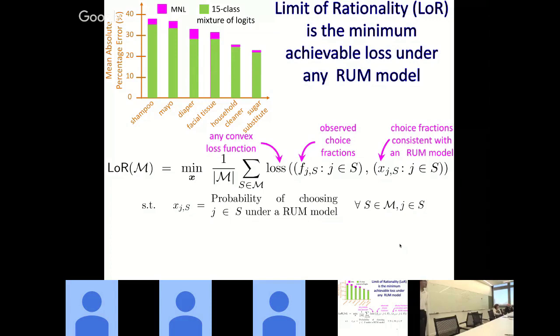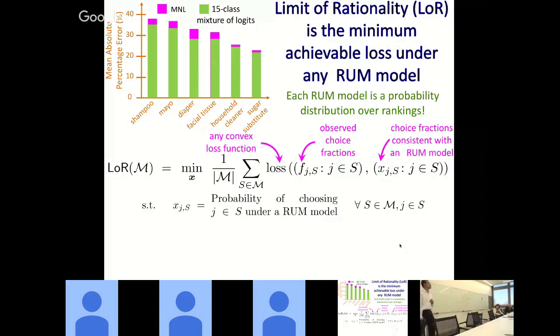Now, of course, this is not a precise mathematical statement because it's not clear how one would optimize over X, ranging over all possible RUM choice models. There are uncountably, infinitely many RUM choice models. But to do that, we want to take advantage of one very important and special property of the RUM class.